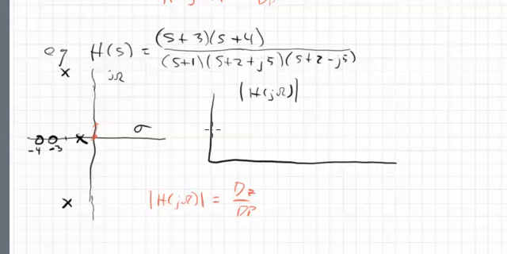We can imagine that as we move out, we get further and further away from this pole, very quickly, and less quickly we get further away from this zero. So when we move away from poles, the response starts to dip.